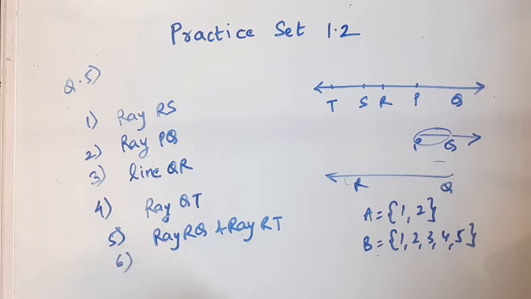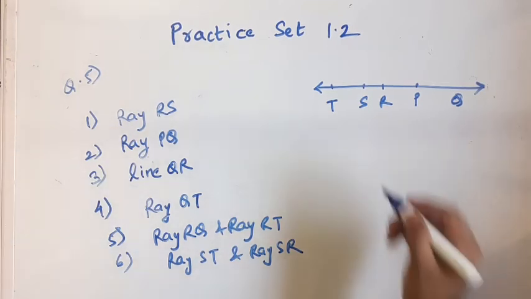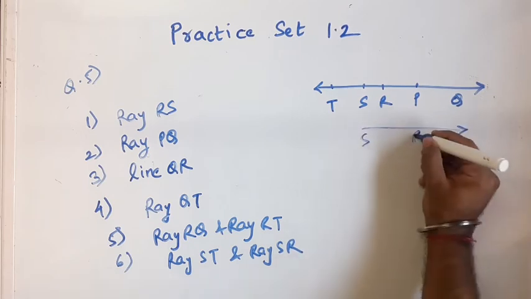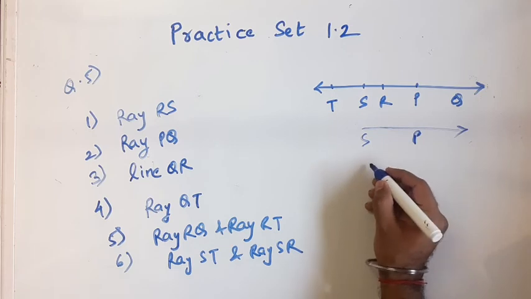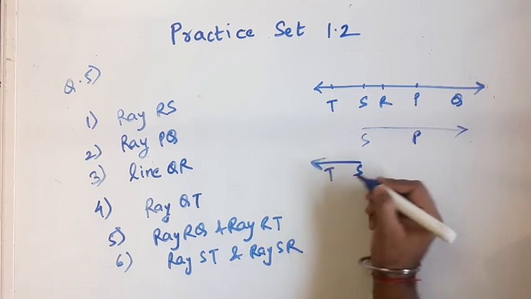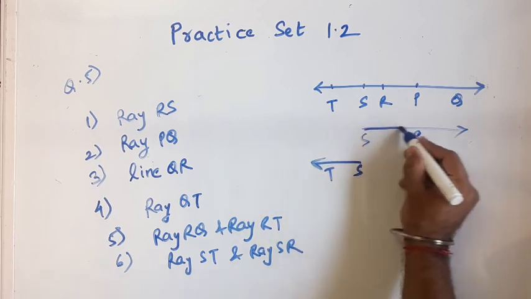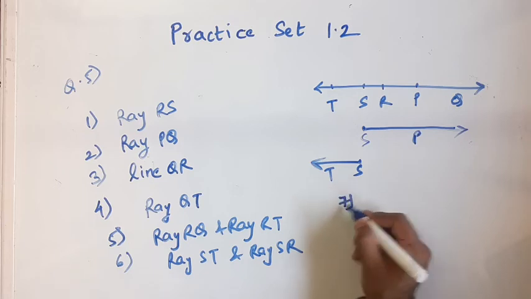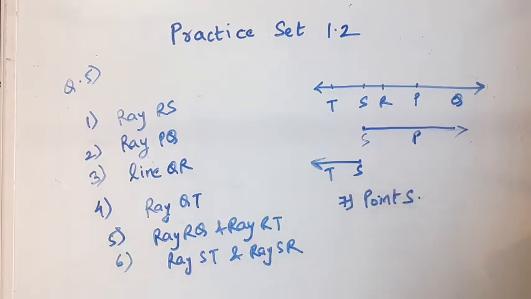Then the sixth one, write any two rays with common endpoint S. So I can write ray ST and ray SR. They both have a common endpoint S. Then they have asked to write the intersection of ray SP and ray ST. There is nothing common except point S. So your answer is point S.